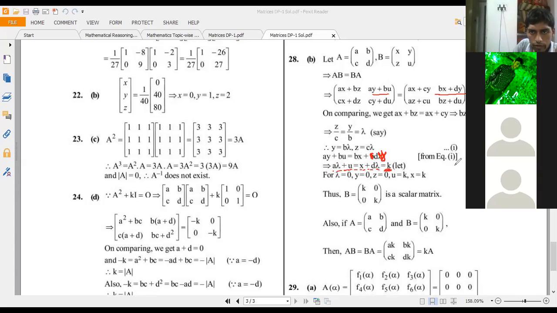Sir, wait. After that, what is it doing? A lambda plus u equal to x plus b lambda. For lambda equal to 0, u will be equal to x. And u will be equal to x equal to k. Okay, this is fine. And if lambda is 0, then yes, z and y will be 0.